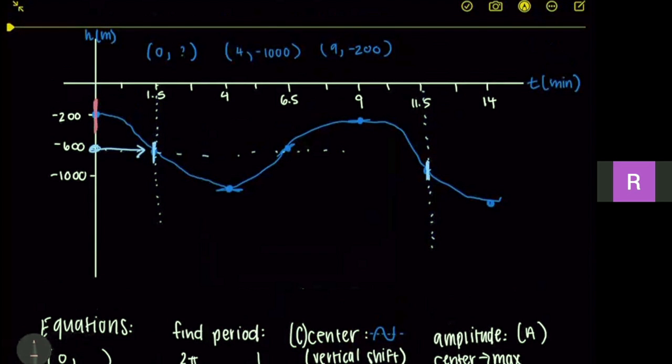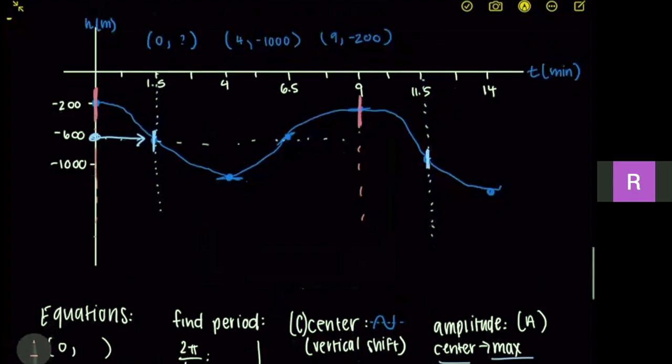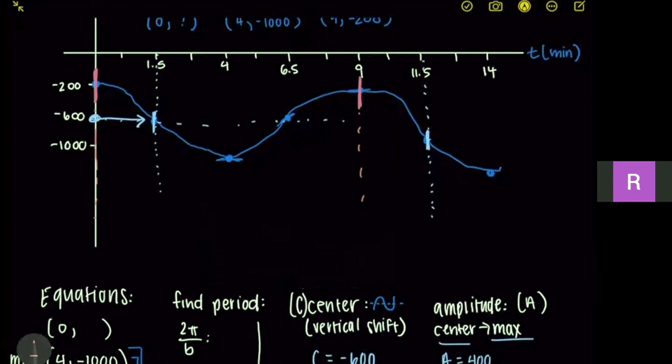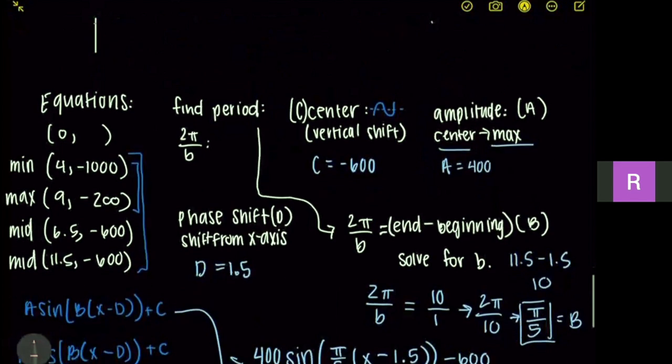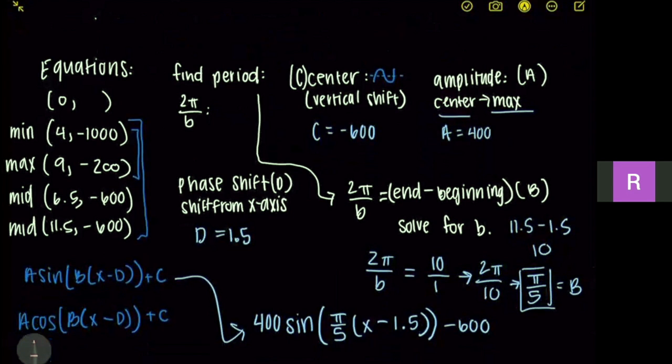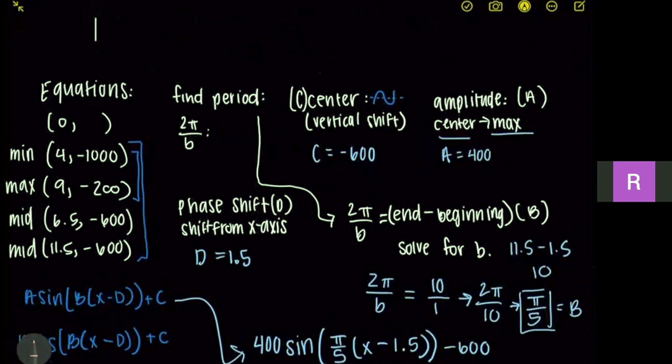From here all the way over to here will be 1 period. So our period length is going to be the same because it's the same function. So our B is going to be the same. Our vertical shift is also going to be the same. Our amplitude should also be the same because it's the same function. So the phase shift is what's going to be different.